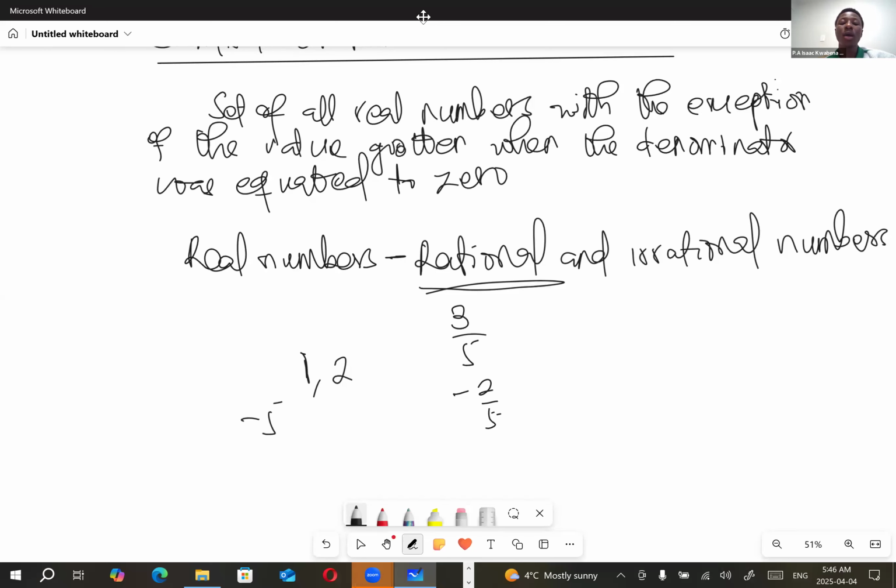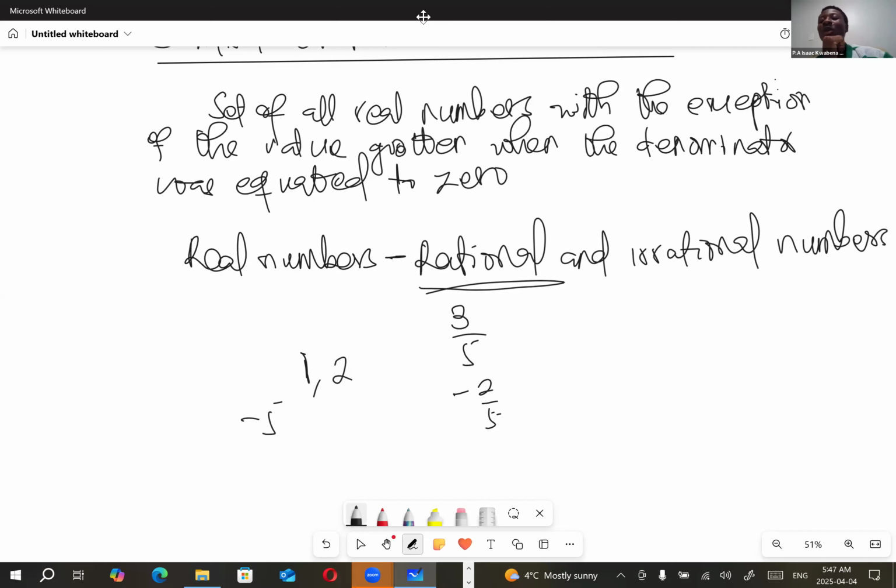I want you to have an idea of real numbers. Sometimes when you go to the examination hall, elective math in particular, you'll be given a question, and they will tell you the answer must be a real number.